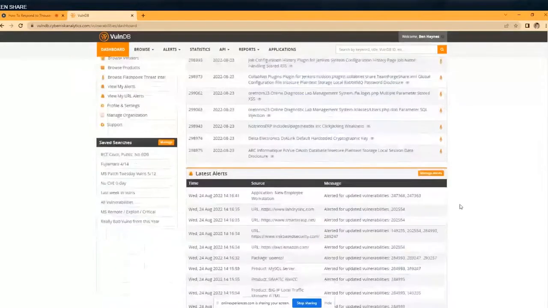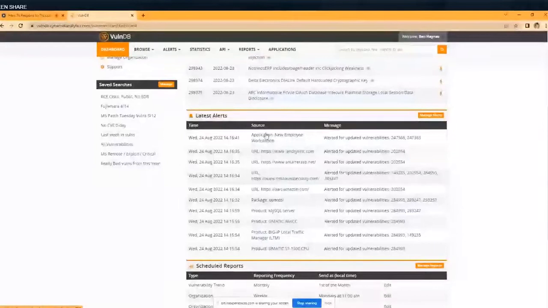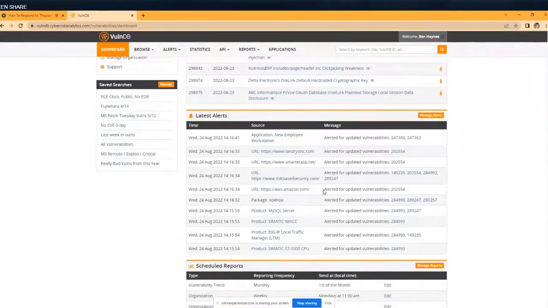And then here are my latest alerts. These are alerts I've set up that I'm going to be looking at in general. These are things that I've at some point said I care about. Like I have some URLs I monitor, for example, and we'll do a passive scan of the URL to say what's running on it. Like Brian mentioned WordPress plugins, for example.